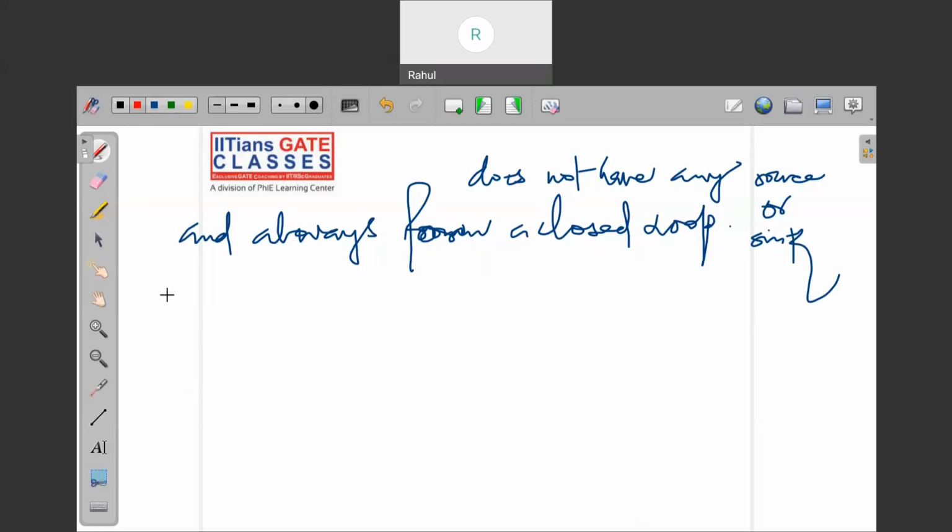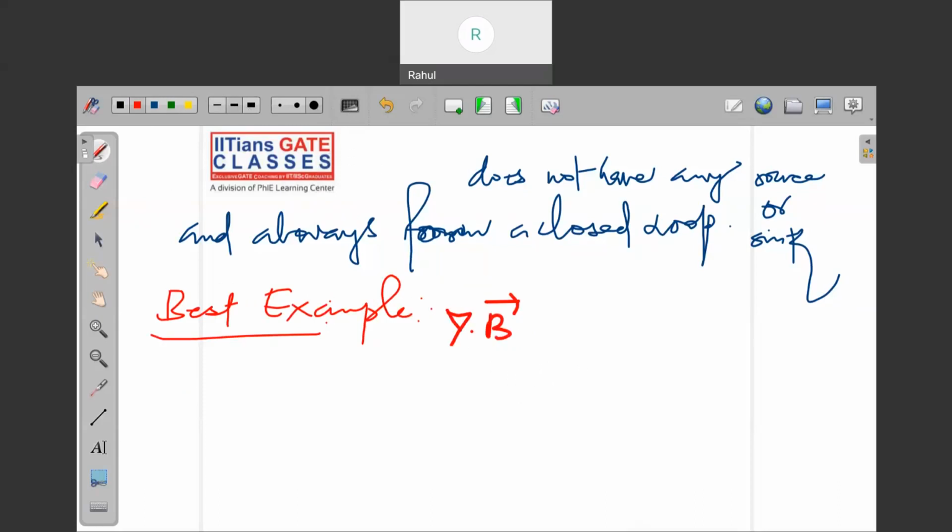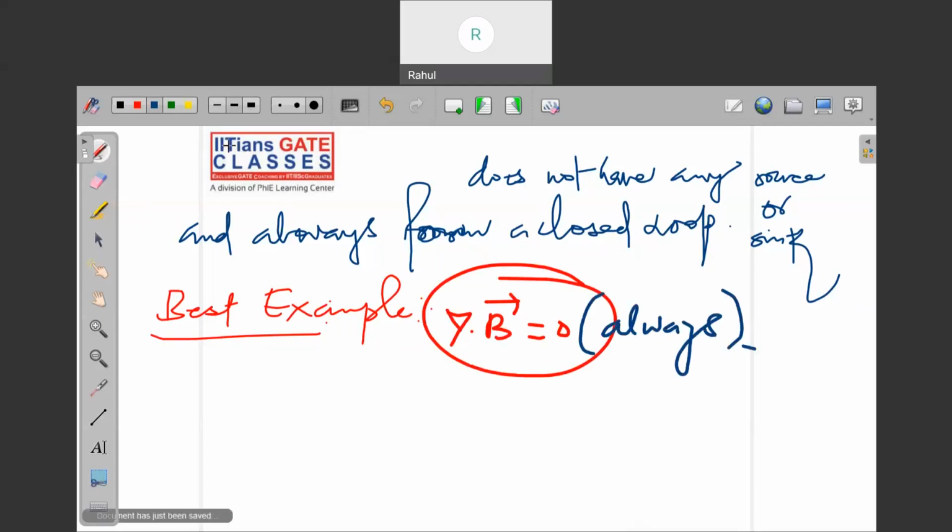So the best example which you have to keep in mind always, that the divergence of the magnetic field is equal to 0 always. What does it mean?